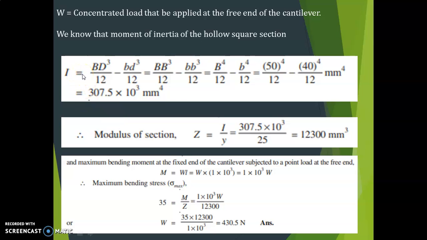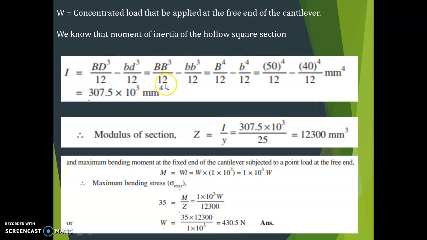So moment of inertia for a hollow rectangular section is capital BD cube divided by 12 minus small bd cube divided by 12. Now this is a square section, so both the breadth and depth are same. So what you can write, B into D cube, that is B into B cube, or D into D cube, anything is fine, no problem, because both breadth and depth are same here.